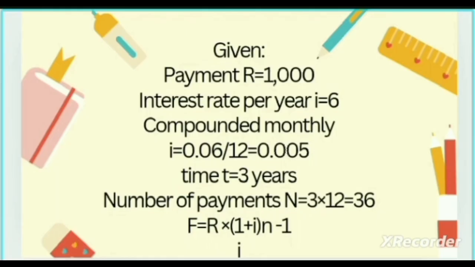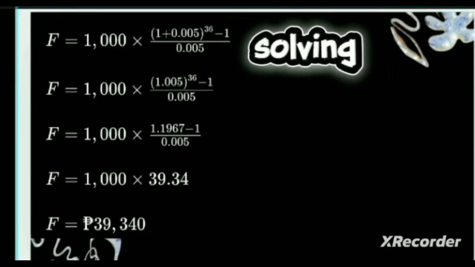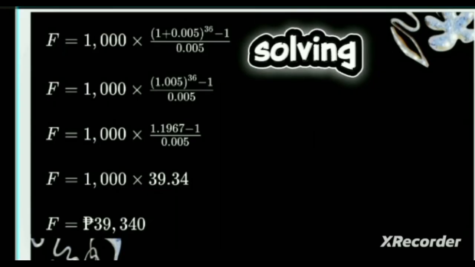So we use the formula for the future value of a simple annuity. F equals R times open parenthesis 1 plus i to the n minus 1 close parenthesis over i. So this is our solving.